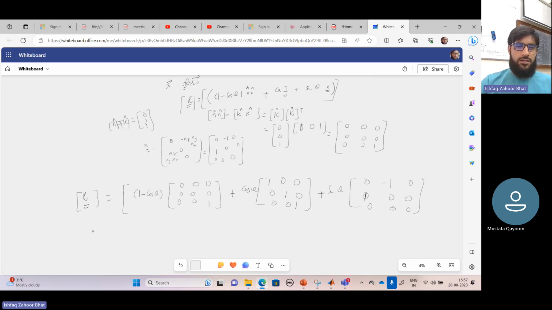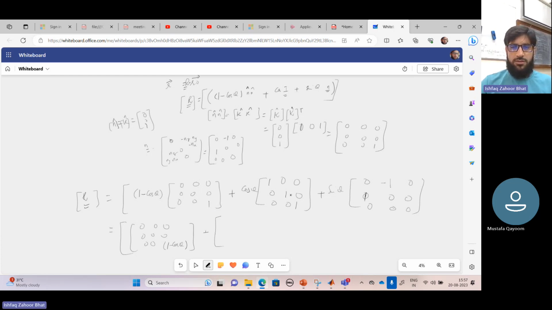Okay, and this will be equal to, so what is this? Everything is 0, only this term will be 1 minus cos of theta, plus.